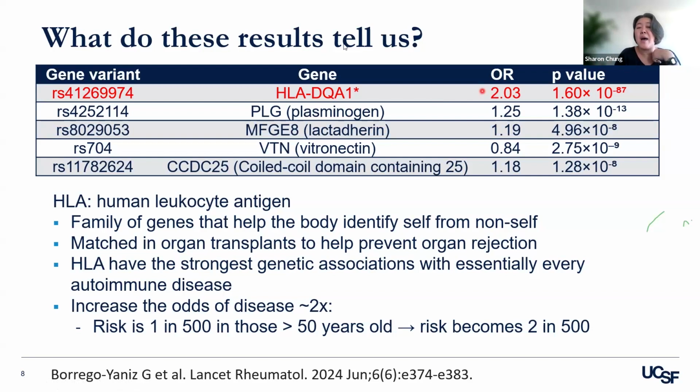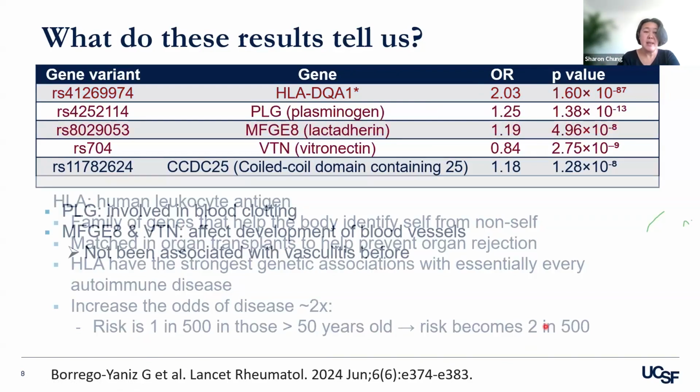So even if you have this HLA mutation here that increases your odds 2-fold, that means your risk increases from 1 in 500 to 2 in 500. So greater than the general population, but still pretty low.